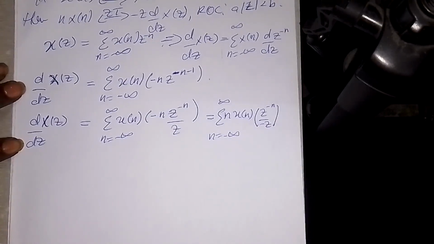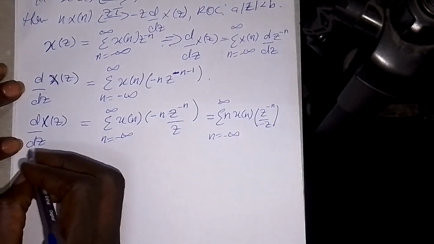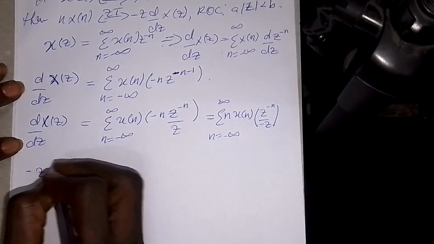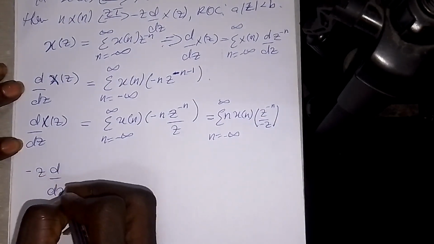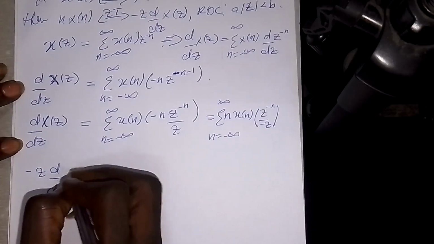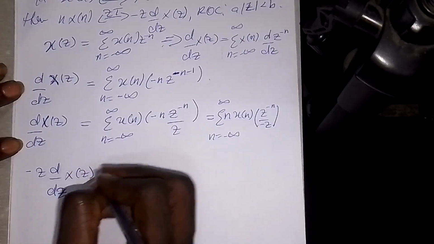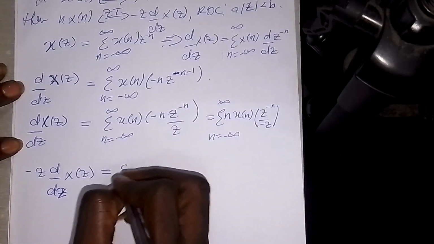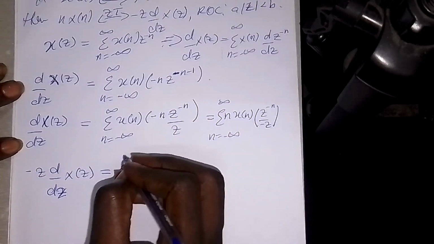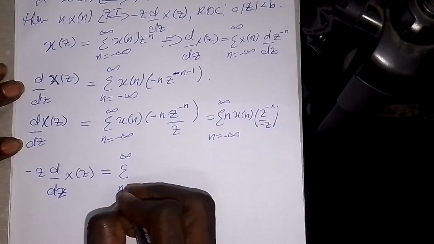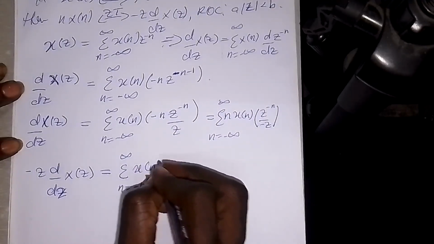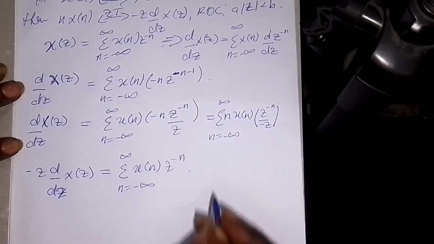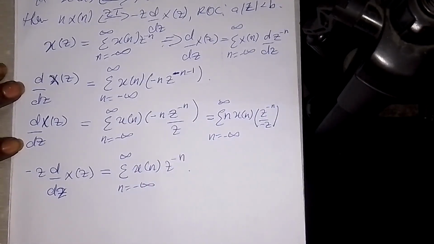So when I have this, I can say that minus Z over dZ, d on dZ into X of Z, is equal to the summation, n equals minus infinity to infinity, of X of n into Z to the minus n.